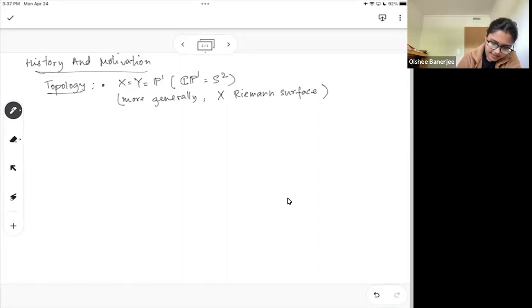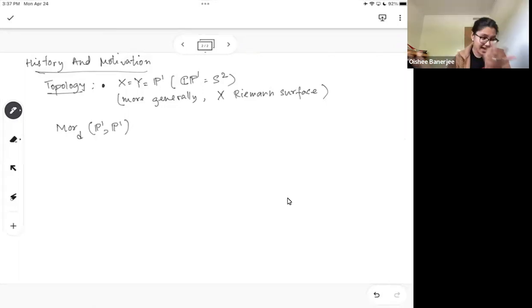And in that situation, I want to consider the space of degree D algebraic maps, let's say from P^1 to P^1. This will be the same as the space of holomorphic maps as well.